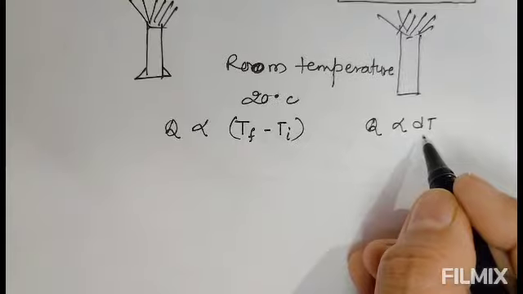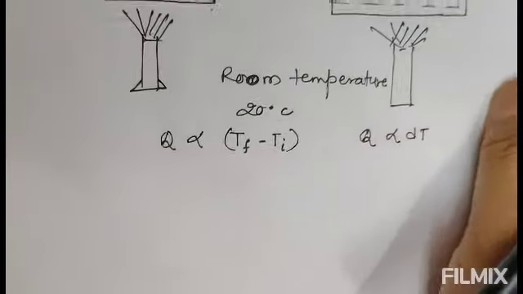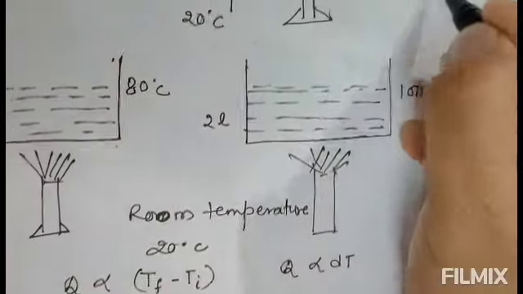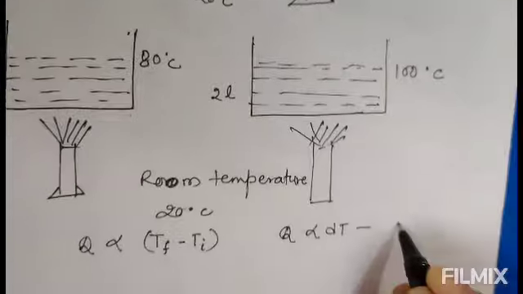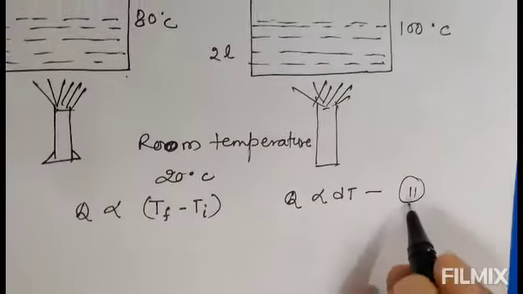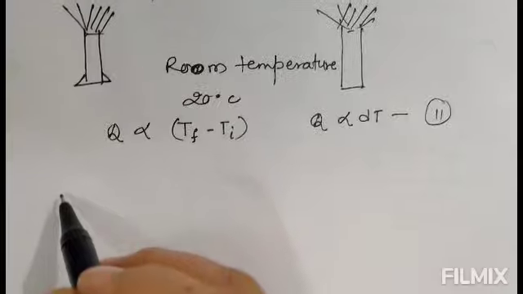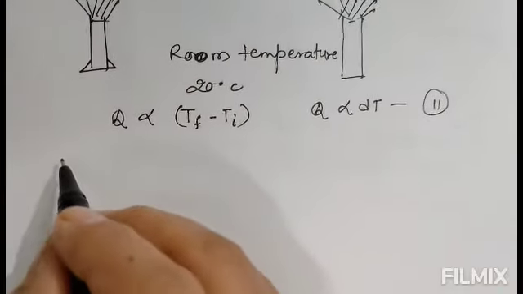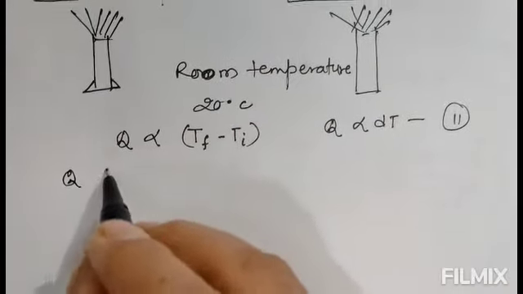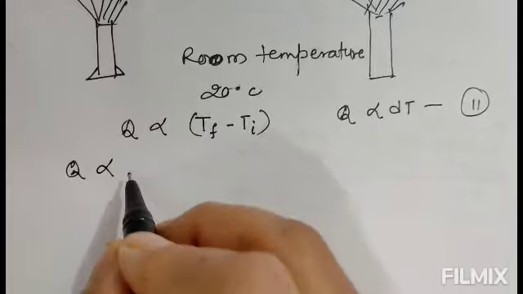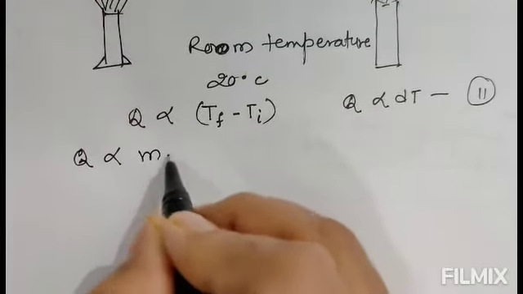You can see in both the first equation and the second equation, if we combine these two equations, that is Q is directly proportional to m and Q is directly proportional to dT, we'll get a formula here, Q proportional to m dT.